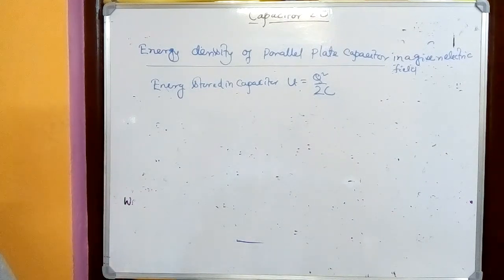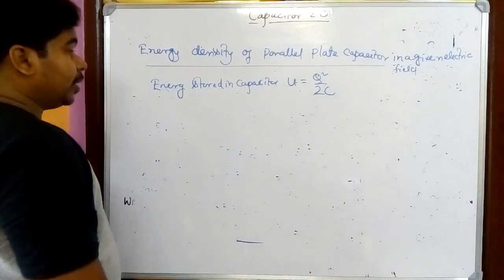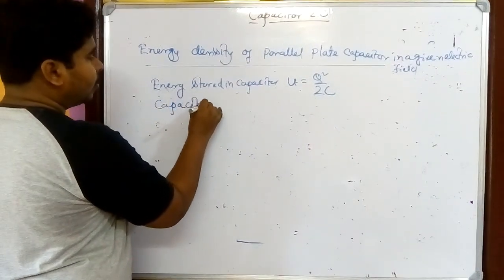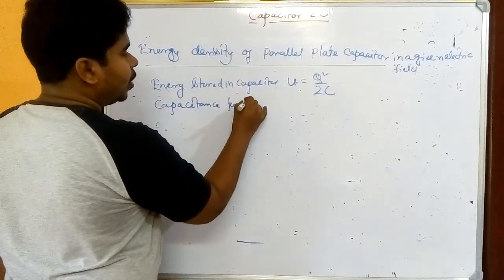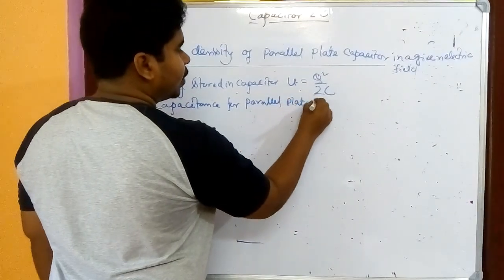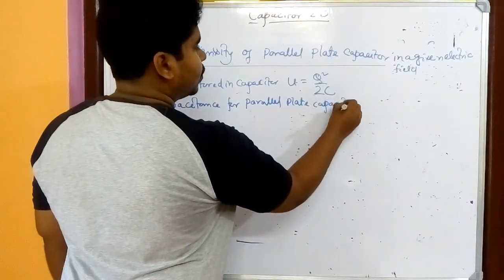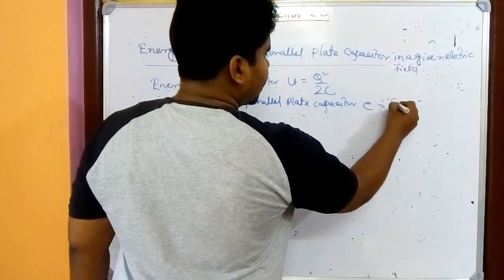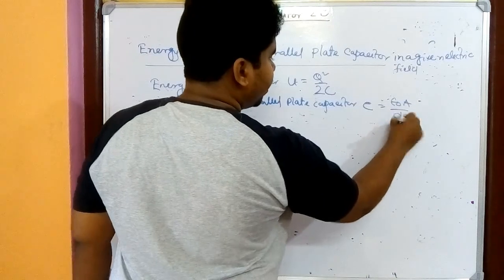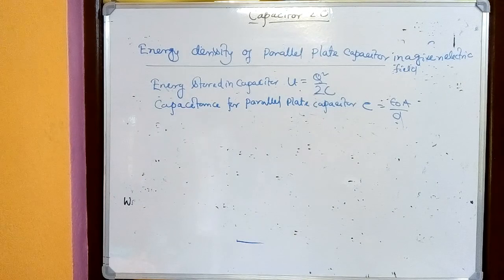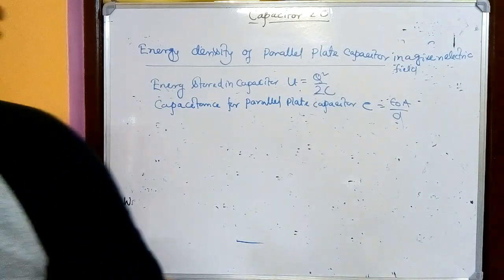So U equals Q square by 2C, and the capacitance for a parallel plate capacitor is C equals epsilon naught A by D, where A is the area, D is the distance between the two plates, and epsilon naught is the permittivity of free space. So I am not deriving this.